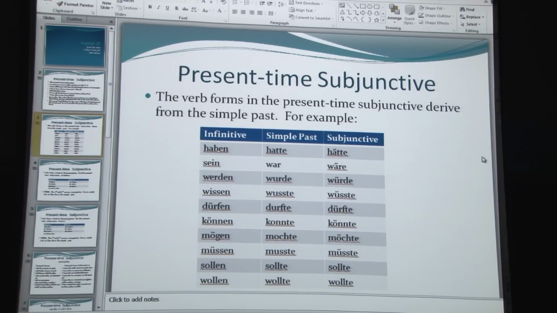Now, originally in older German, every verb had its subjunctive form. And they still do, obviously, but fortunately for you guys, some of the subjunctive forms of verbs are used less nowadays, and they're being substituted by just the verb würden, would, plus infinitive, which is a good thing.